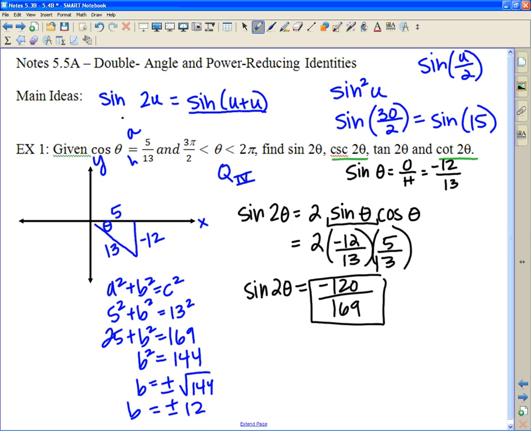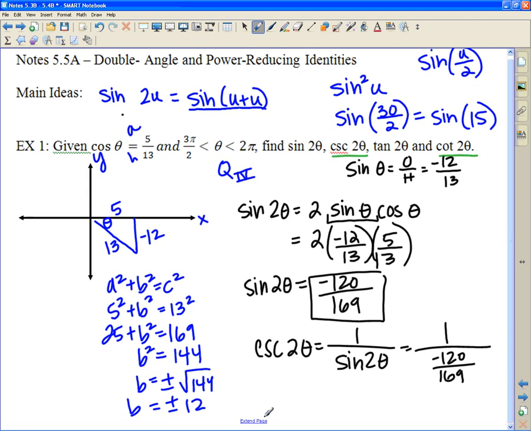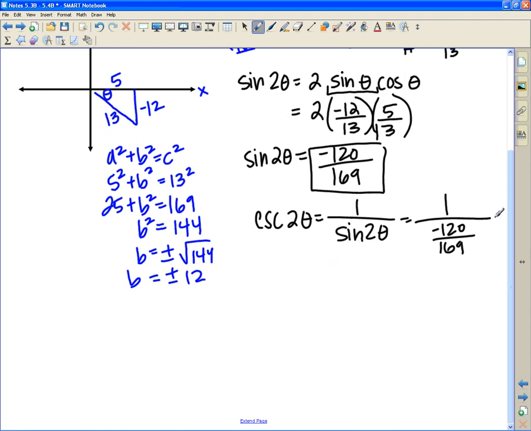Okay, now the cosecant of 2 theta is really easy to find. It's 1 over the sine of 2 theta. That's how those identities work. So 1 divided by negative 120 over 169 is equal to, I'm going to use proper notation here, 1 times 169 divided by negative 120.